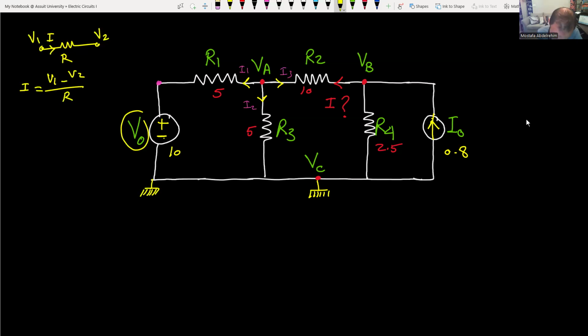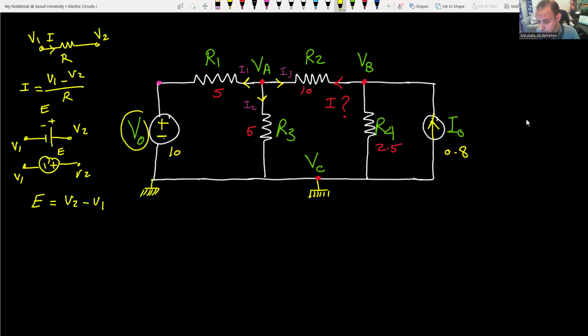We also know that if you have a battery like this, whichever way you draw it, this is the positive and this is the negative. If this is E, and these are V1 and V2, whatever symbols you choose, E is equal to the voltage of the positive terminal minus the voltage of the negative terminal.